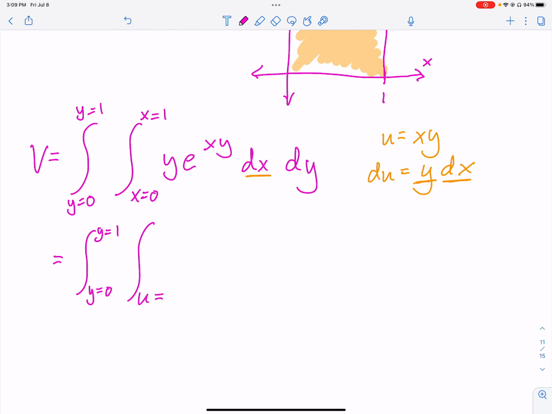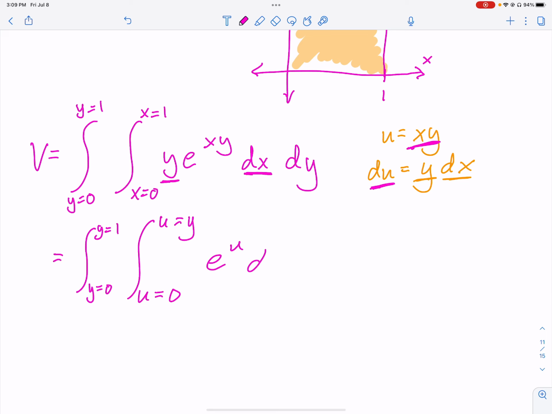Okay, so if x is 0, u is 0. If x is 1, we're getting it from here, right? So if x is 1, u is y. And then this and this is taken for du, and so we just get e to the u, du, dy.